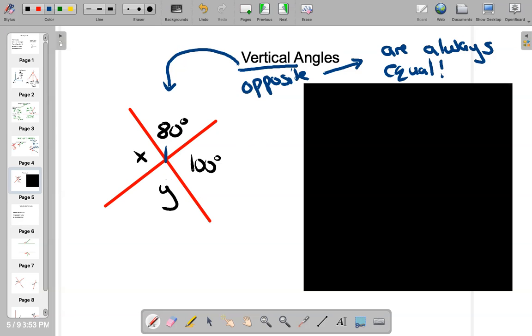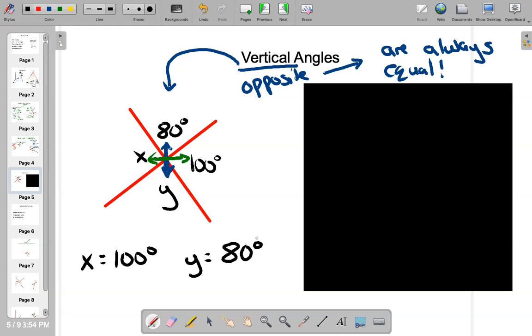So if I have an intersection like this, the angles on this side have to be equal to each other. And then the angles on this side have to be equal to each other. And therefore, in this problem, x has to equal 100 degrees and your y has to equal 80 degrees.